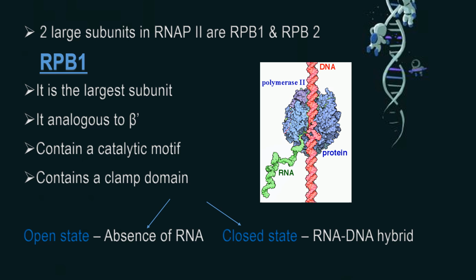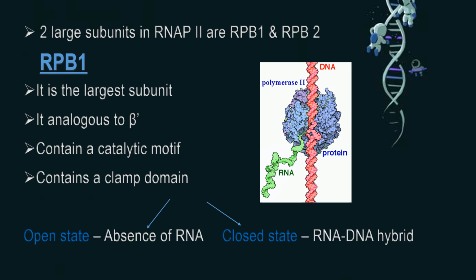Among the 12 subunits in RNA polymerase 2, there are two large subunits known as RPB1 and RPB2. RPB1 is the largest subunit and it is analogous to the beta-clamp of RNA polymerase in prokaryotes.